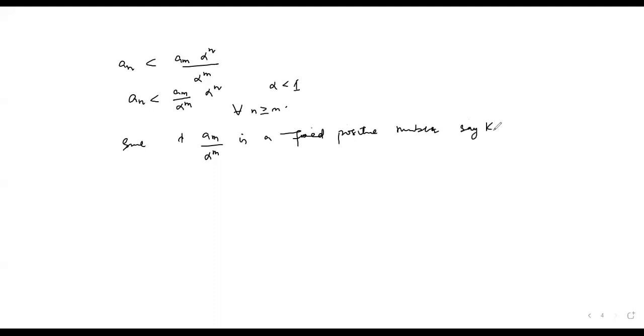Let's call it k. It implies that a_n is less than k times alpha raised to power n for all n greater than or equal to m, and the summation of alpha^n converges, because it's a geometric series of common ratio less than 1, since alpha is less than 1.